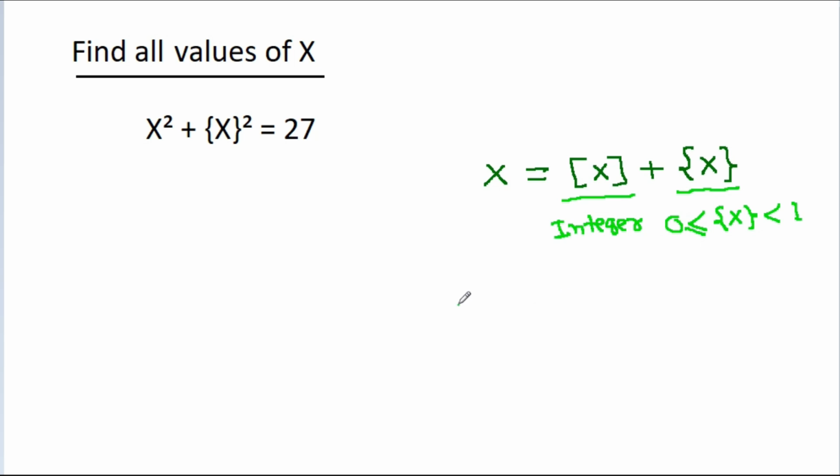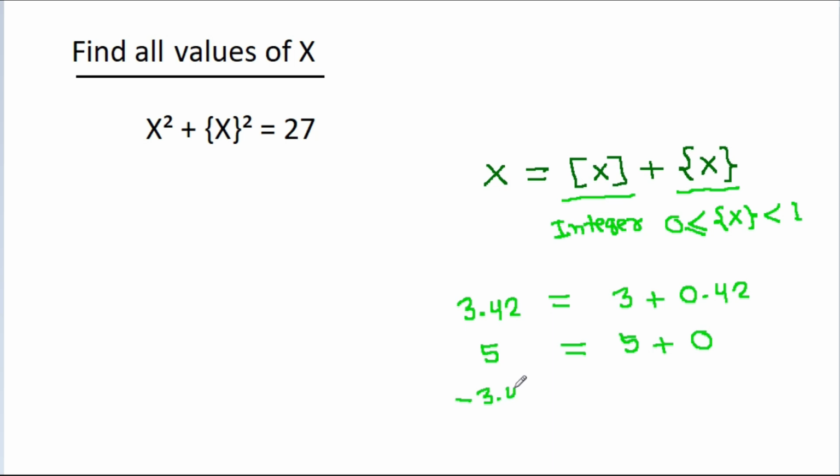For example, 3.42 is 3 plus 0.42. 5 is 5 plus 0.